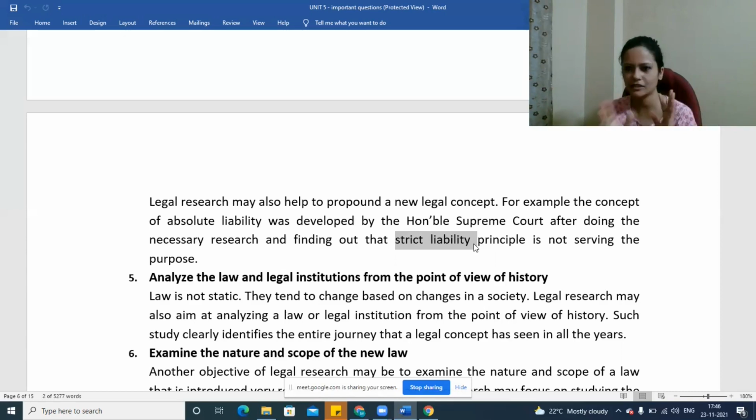Whether you were negligent or not does not matter, you are strictly liable. So the court said, yes, you need to pay compensation because you are strictly liable. But in this principle, certain exceptions were there, like act of God, a third person's fault, the person himself being guilty. Five exceptions were there.